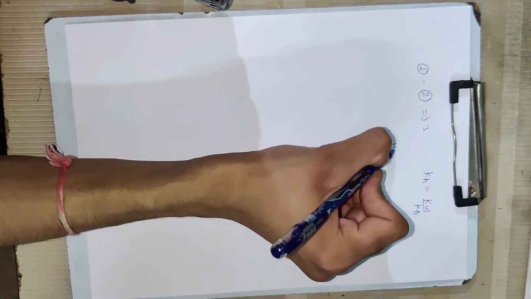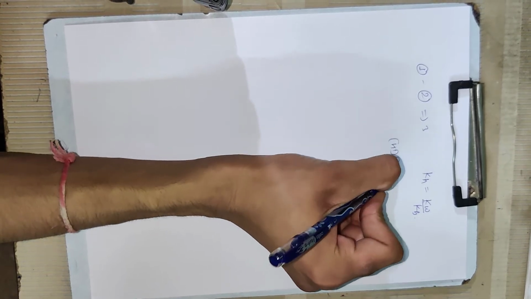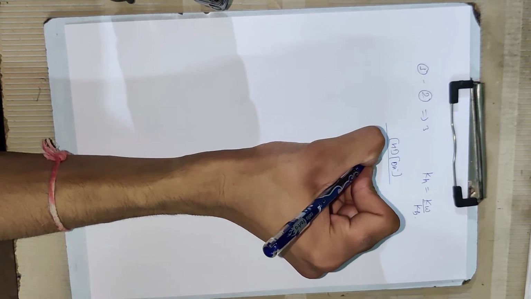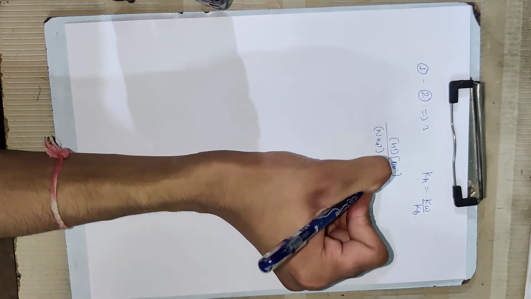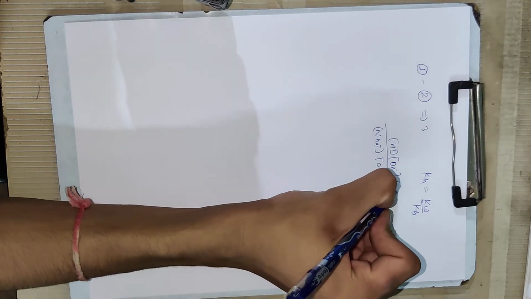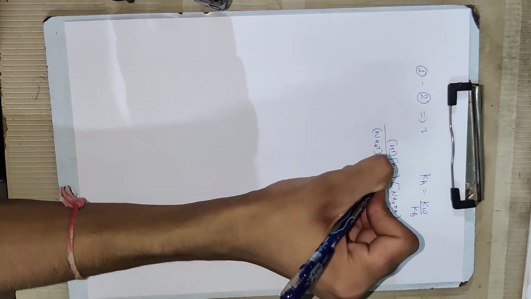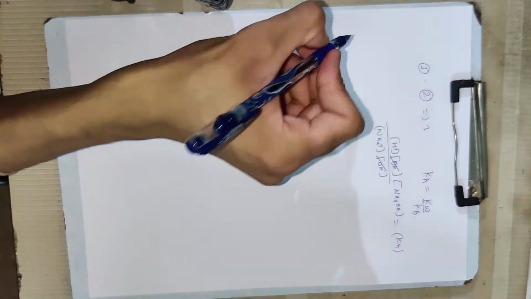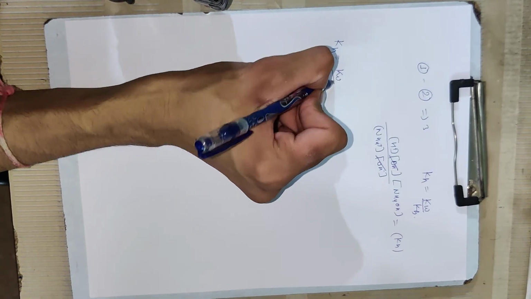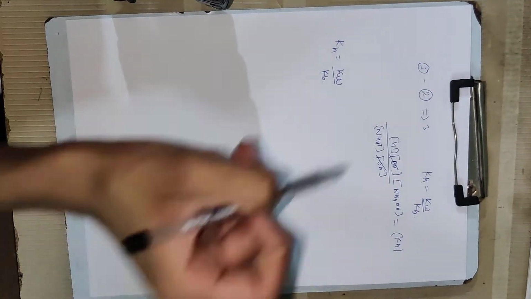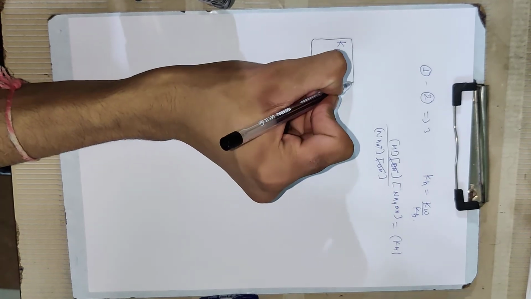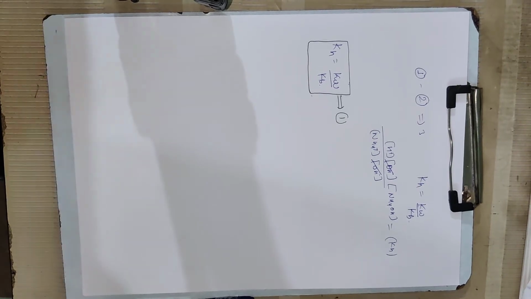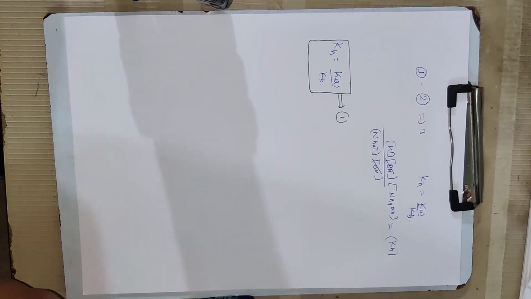Kw equals H+ into OH-, and Kb equals NH4+ into OH- upon NH4OH. OH- cancels out, and this is nothing but Kh. So Kh equals Kw by Kb. This is an important thing, you should remember. This is very important.